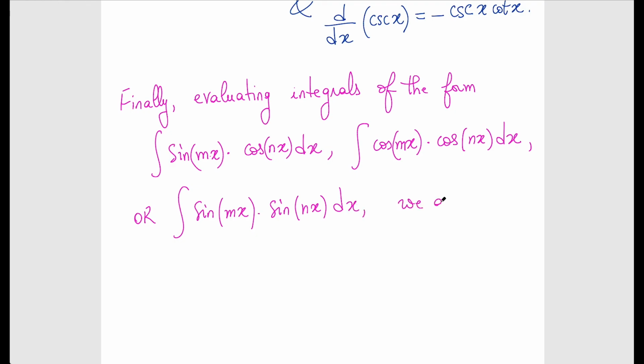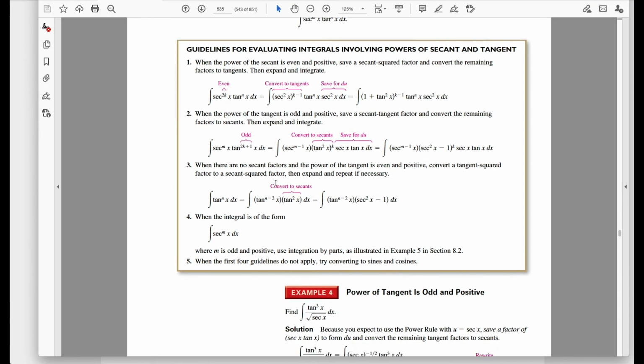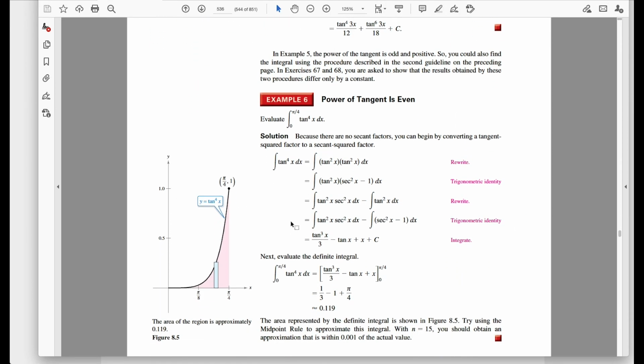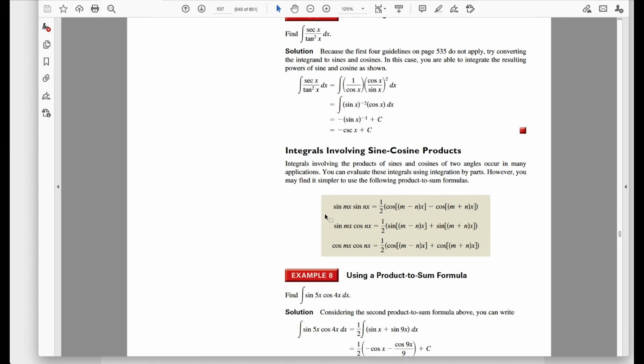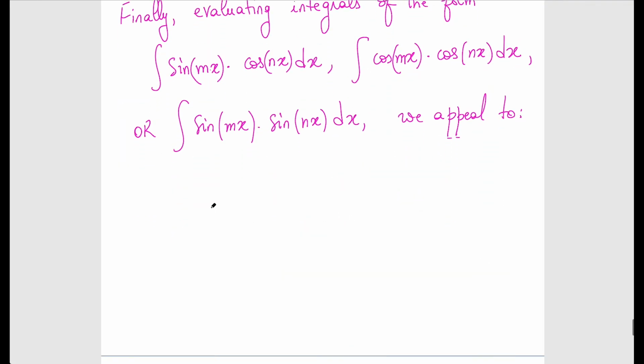we appeal to trig identities that are in the book. So let's go there. They come from the trig course, and I'm alluding to these particular ones. Okay, so let's also take it as a picture and paste it here.